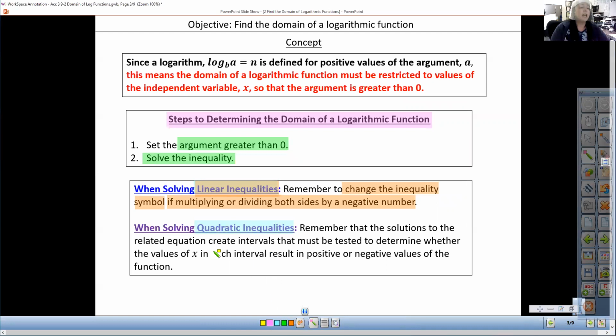If we are solving a quadratic inequality, you have to remember that you can't use your reverse order of operations. It doesn't work because a quadratic inequality will have more than one value that makes it equal to 0. And for these we actually create a number line with intervals, and we test those intervals to determine if they're positive or negative values.